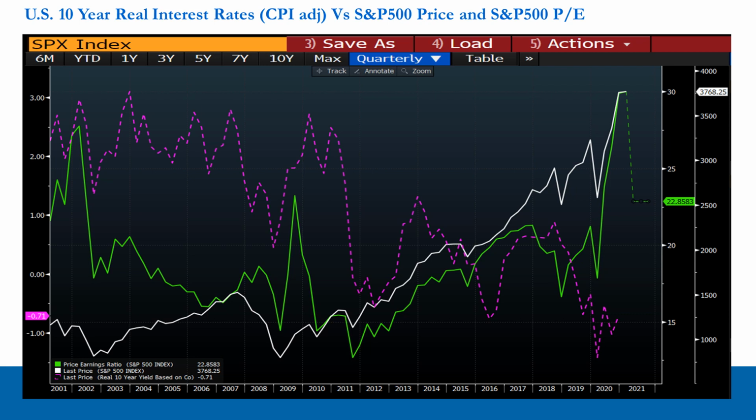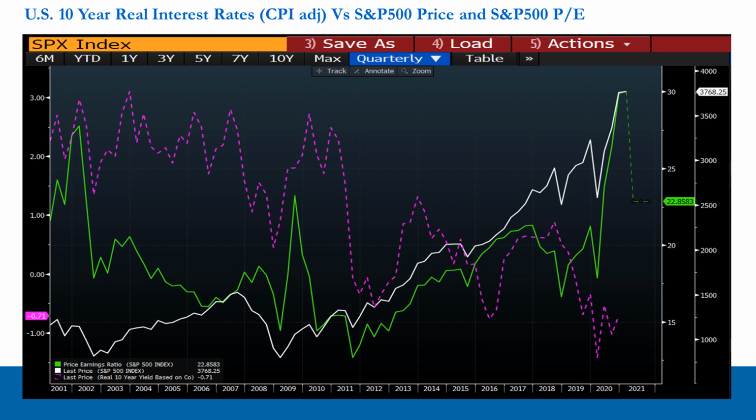Then we just see a big move down, okay? And it goes negative. It goes below the 0 bound. So we have negative real interest rates. And you can see the effect that that started to have on the white line and the green line, which, if you look back to the key in the bottom left-hand corner, is the price of the stock market, the S&P 500 index.